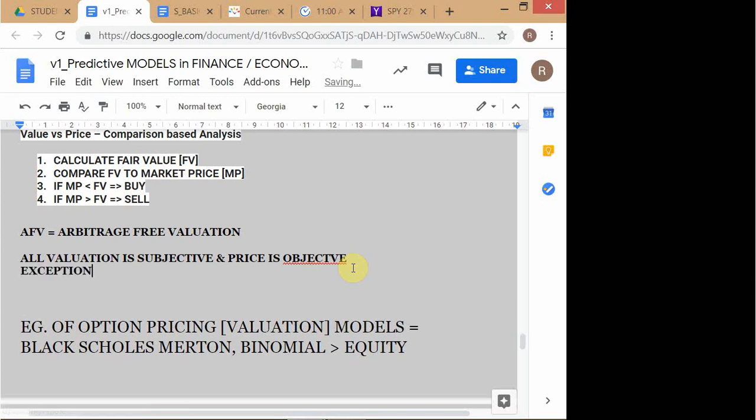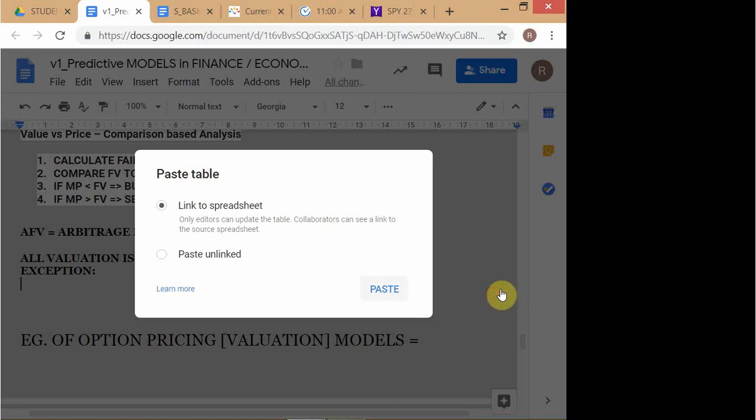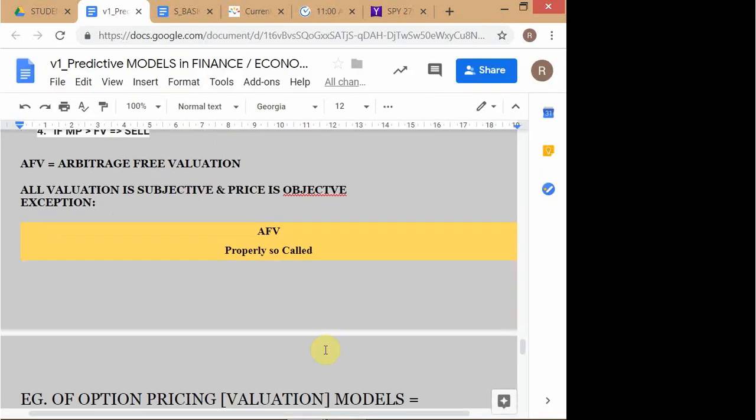The exception is that this is not subjective, it's objective. This is the only exception.